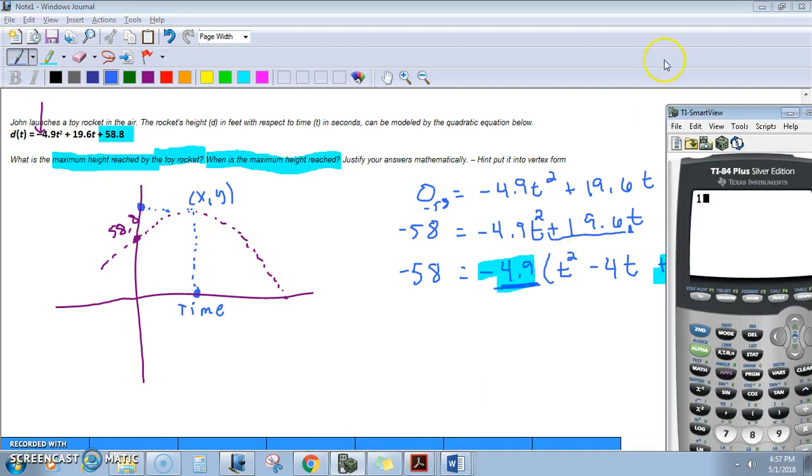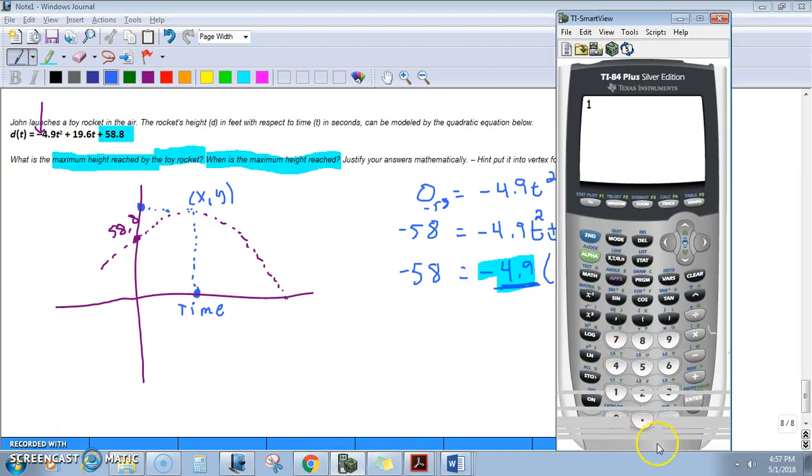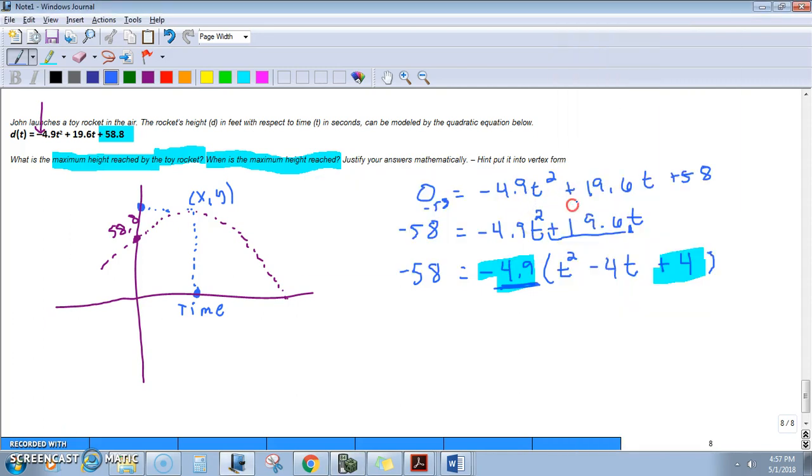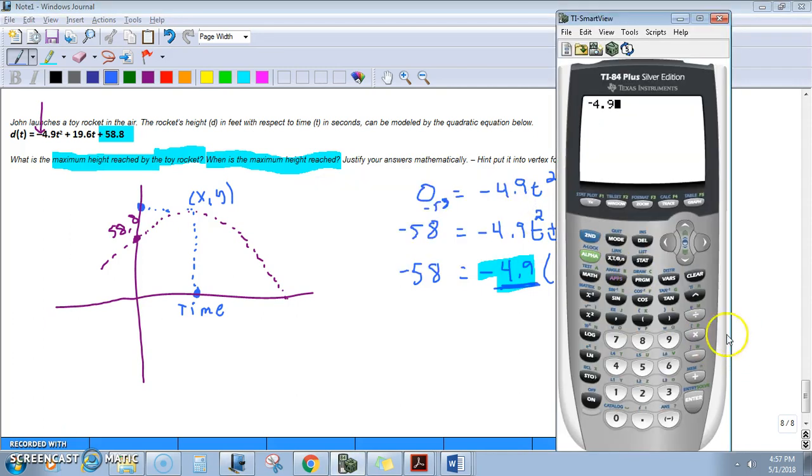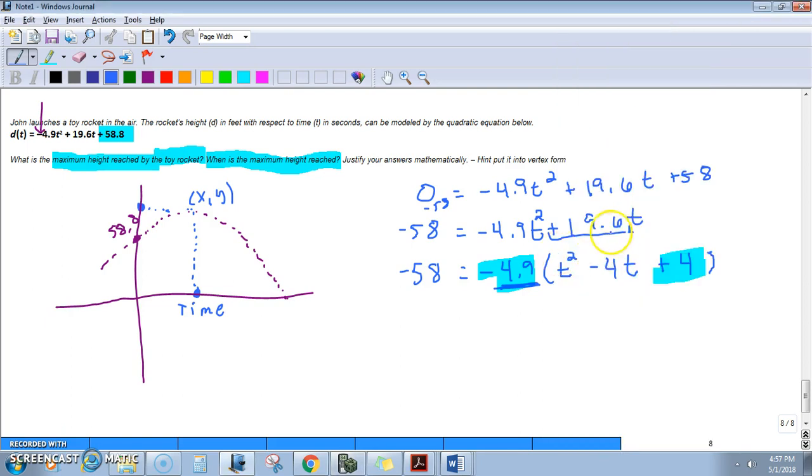Let me check with my calculator: negative 4.9 times 4 is negative 19.6. Oh, you guys, I already knew that, duh. So what I'm actually doing is subtracting 19.6. So I have to subtract 19.6 from this side. Okay?